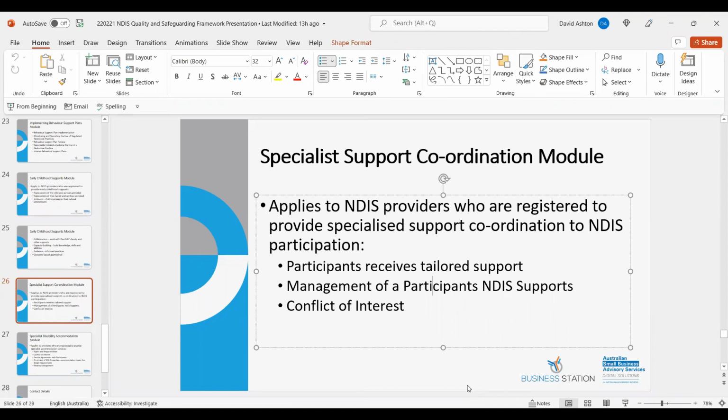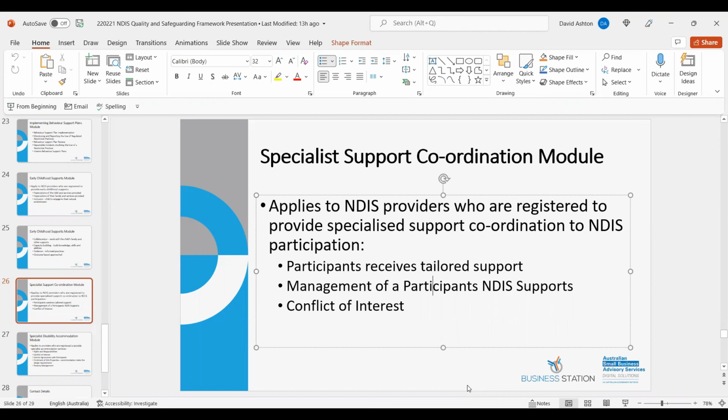You need to communicate that to the client. Your worker needs to be across that and understand where a conflict of interest may arise, and they need to report that. And you need to have in place requirements around how you're going to manage those conflicts of interest.